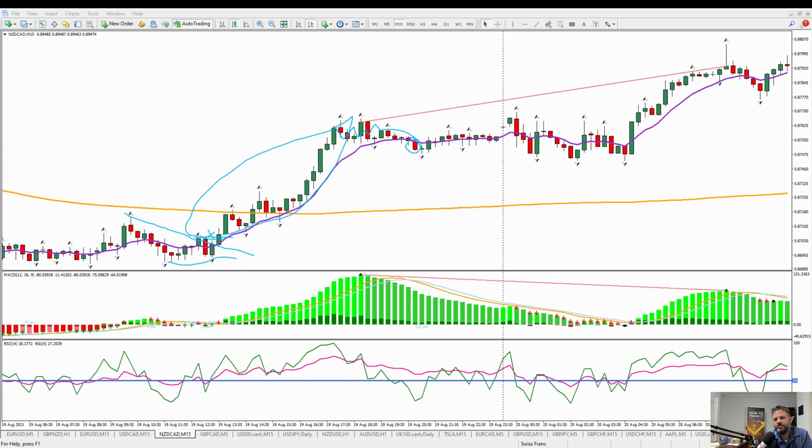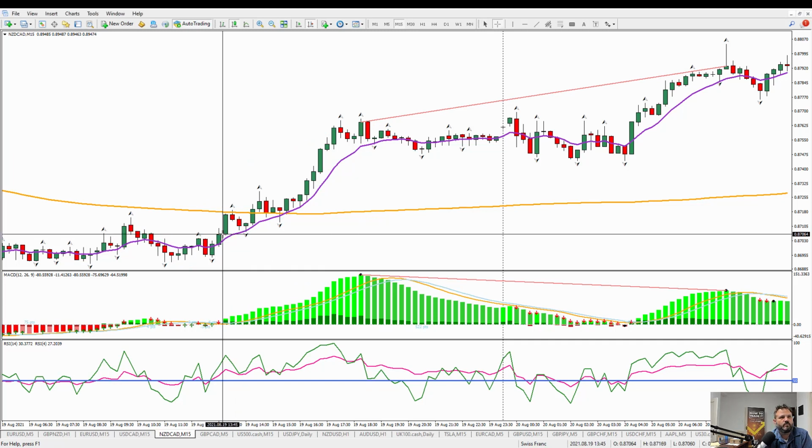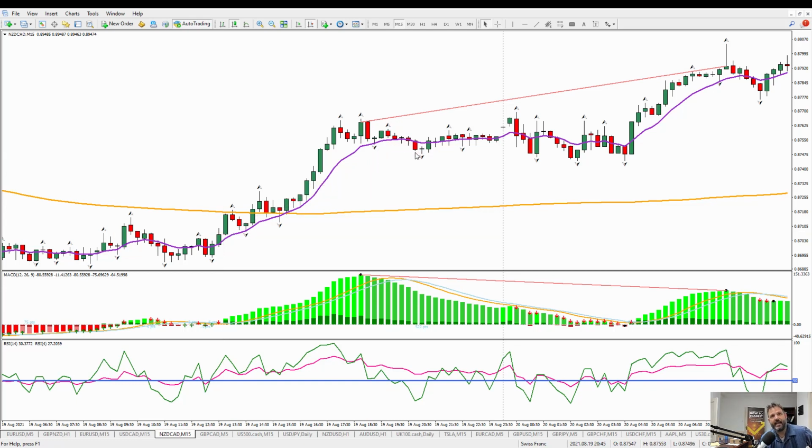In this particular scenario, we would have gotten a very nice 45 pips on a 15-minute trade. Sometimes the market is going sideways, like here, it's chop, chop, chop.